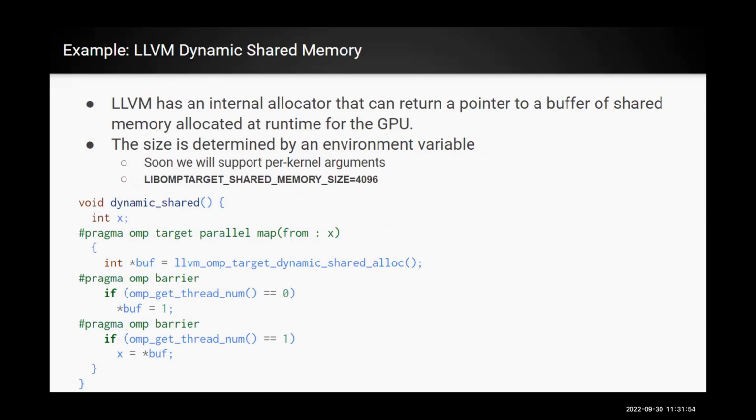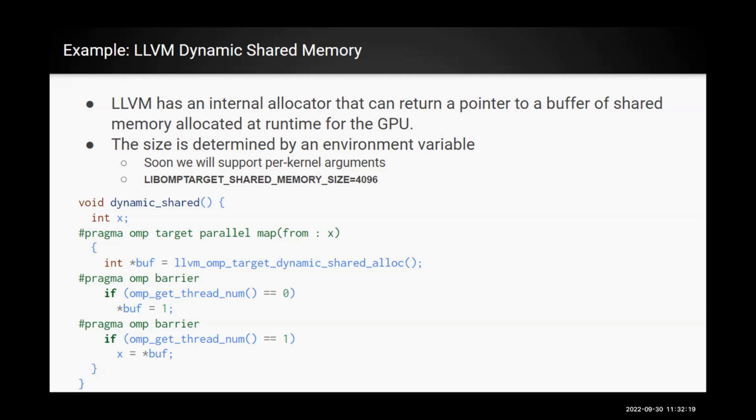And we have this one thing that is not fully baked yet, but it's a cool feature. In CUDA and in HIP, you have dynamic shared memory. At the kernel's launch time, you can say, I want that much shared memory, shared between one block. And in OpenMP, you can't.